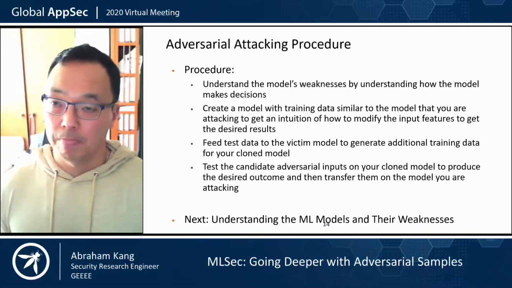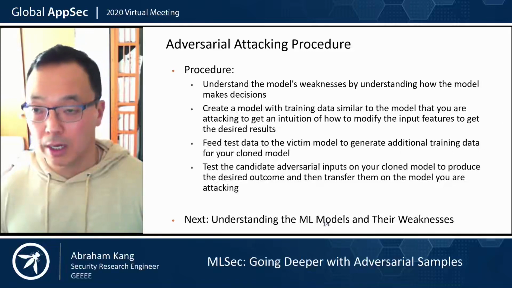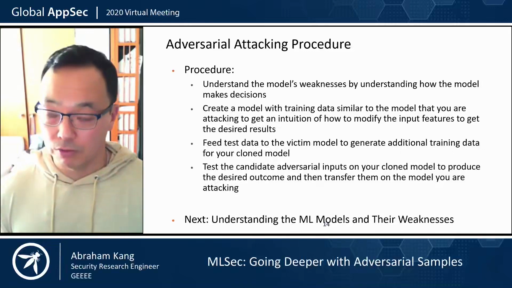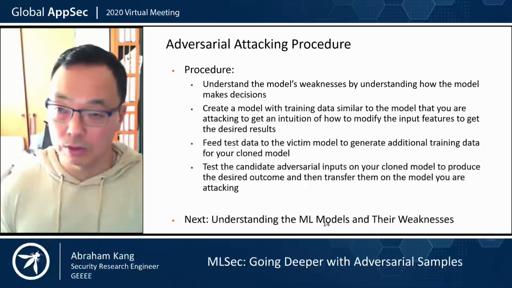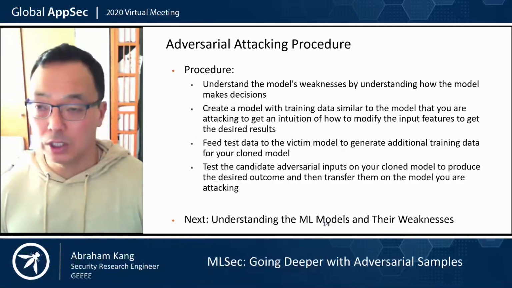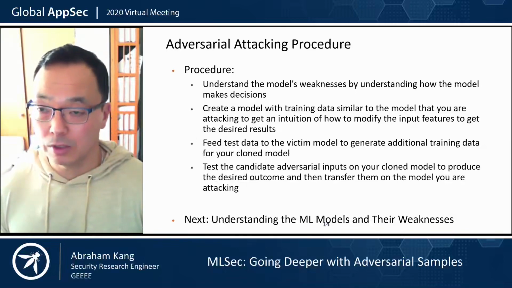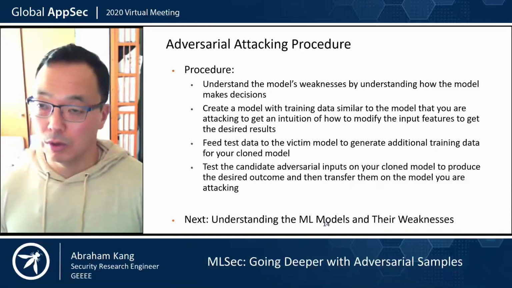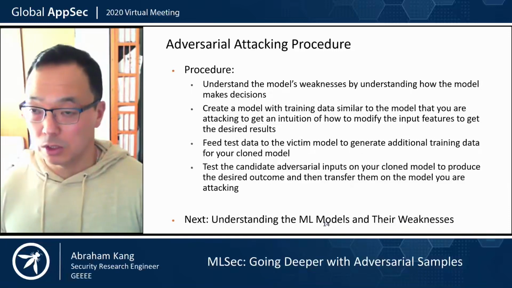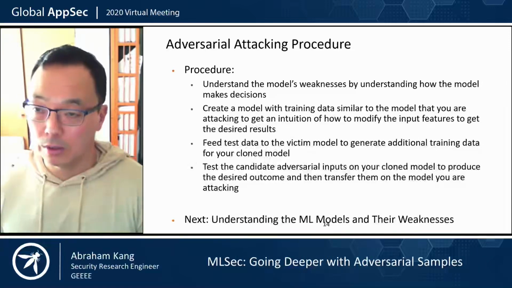And here, it's going to be important to understand the math if you want to do something creative, if you want to come up with a creative attack on these models. If you don't understand the math and how the models work intimately, then what's going to happen is you're going to be stuck to whatever limitations or capabilities that the tools that I'm going to show you and mention later have.